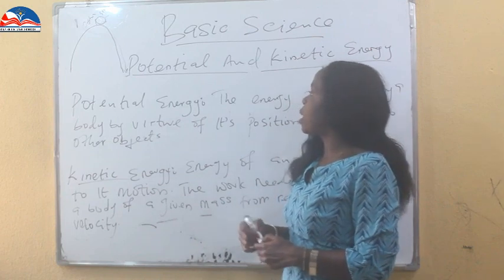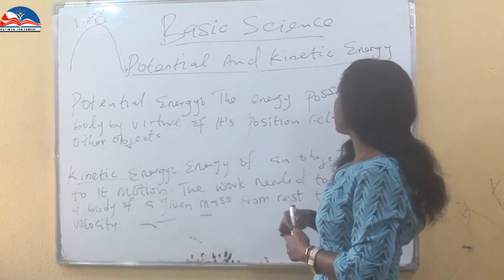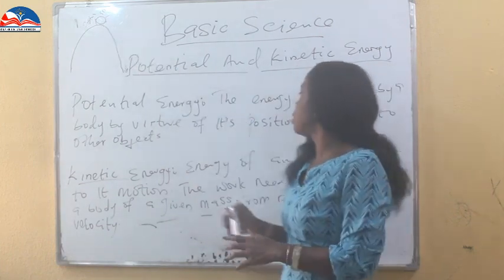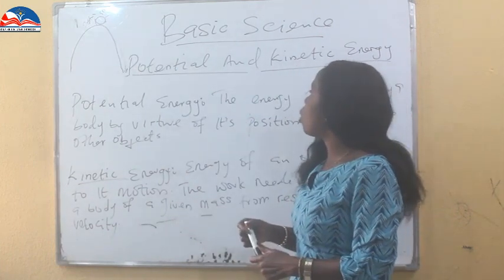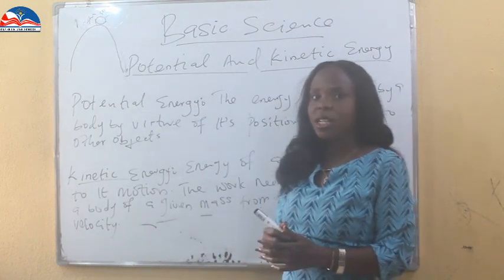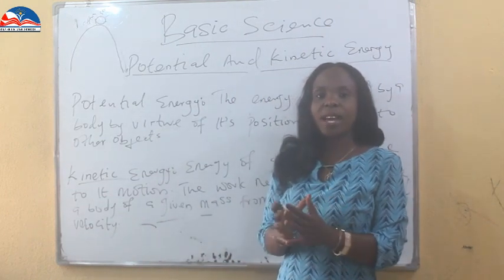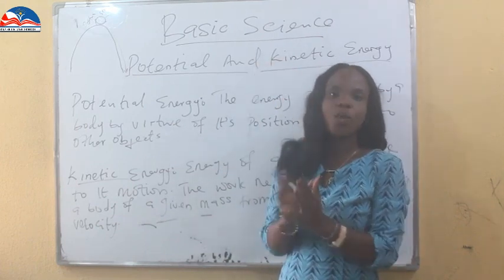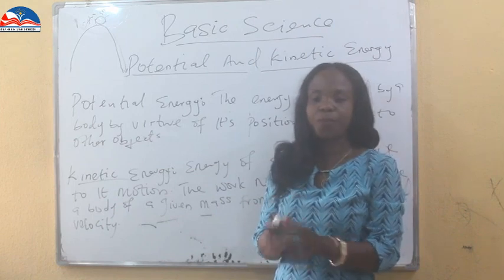So when we say that potential energy is the energy possessed by a body by virtue of its position, the top of the hill is the position relative to other objects. Now, the height. A potential energy can be assessed by the height, the position in which the object is positioned.